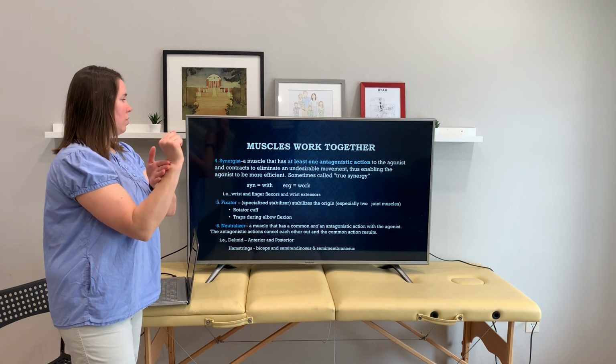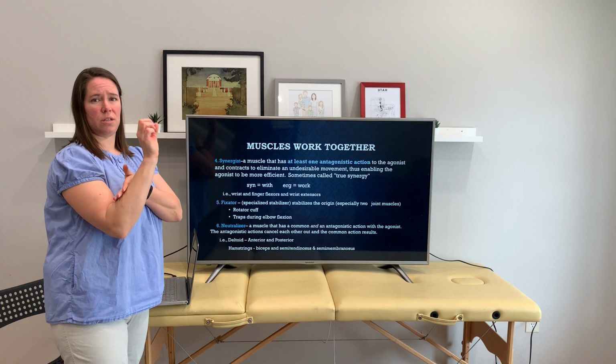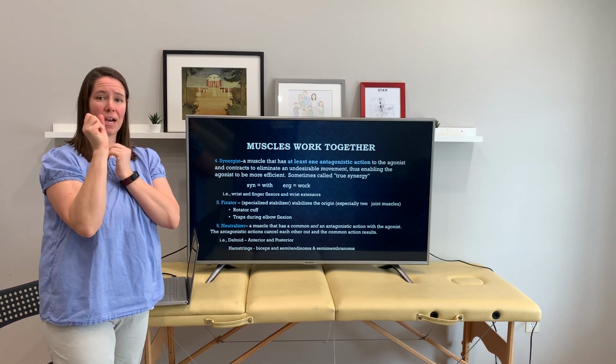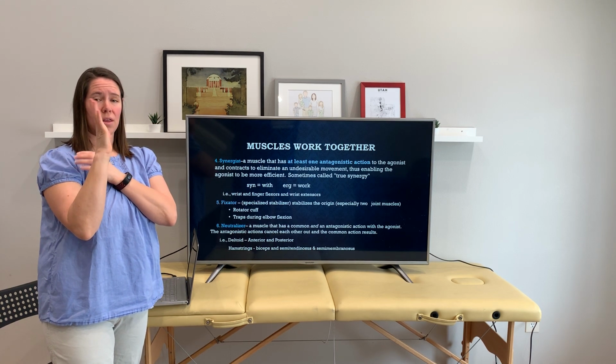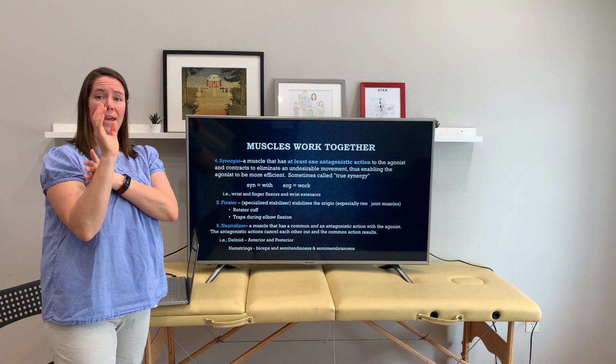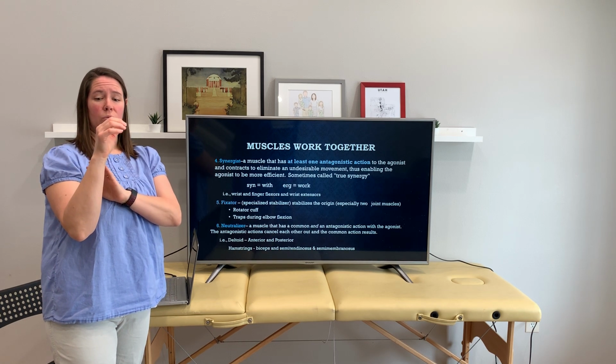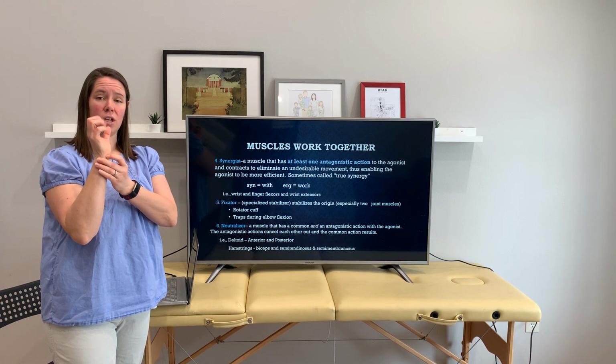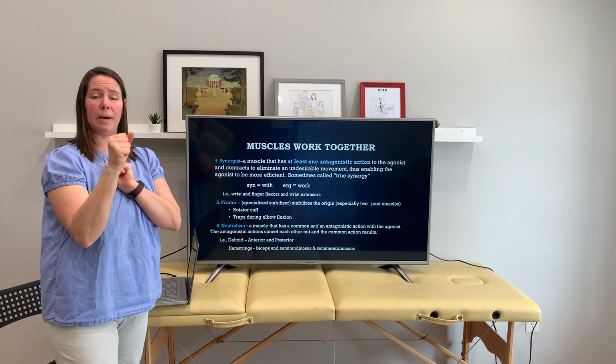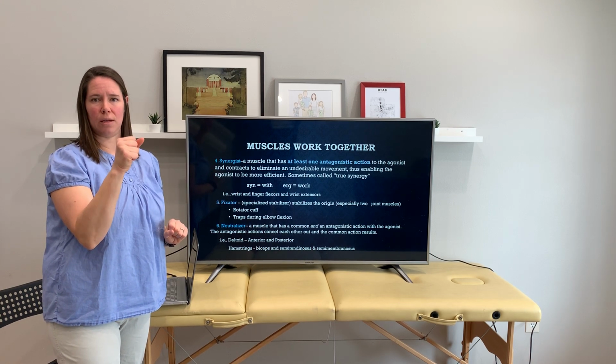Okay, so the wrist extensors are a synergist in this case. They have an antagonistic action to the flexors. Okay, they're extensors. They contract, which keeps my wrist in a good position that gives my finger flexors a better ability to contract tightly and hold on to something.